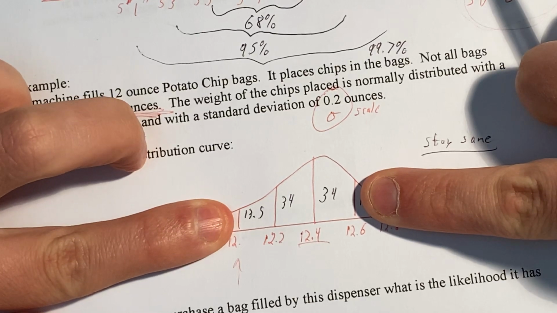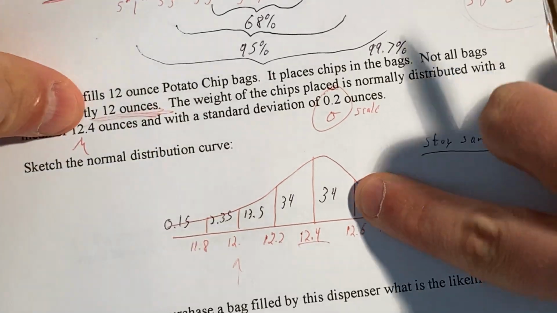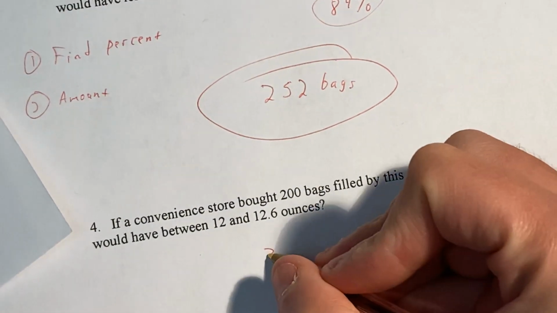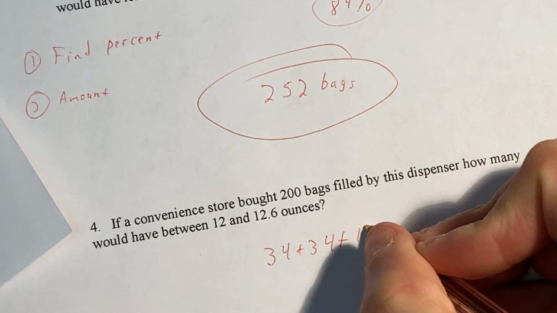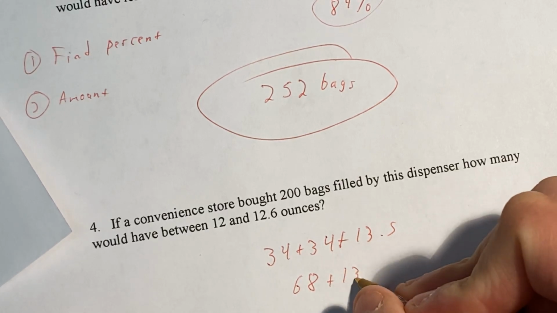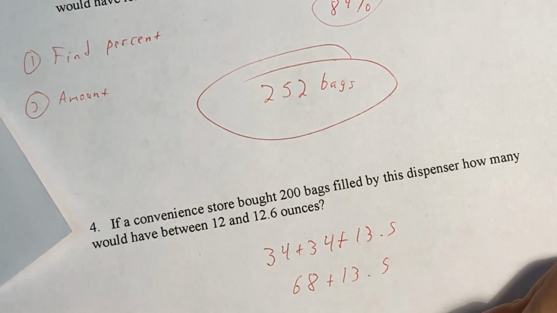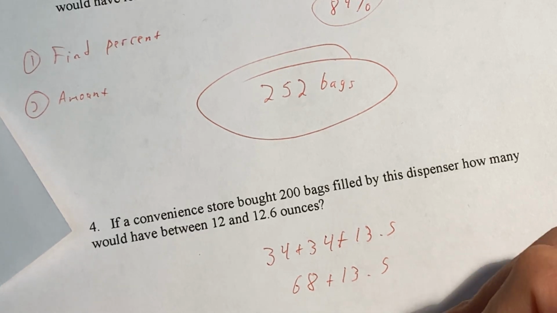It's saying to add up the numbers between 12 and 12.6. So that's 34, 34, and 13.5, which is 68 plus 13.5, which is going to be, let's see, 3 plus 8 is 11, 81.5%.